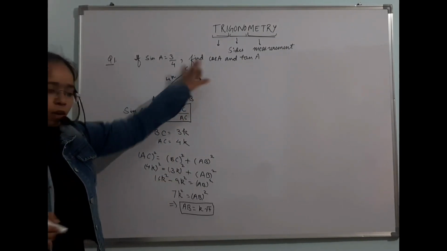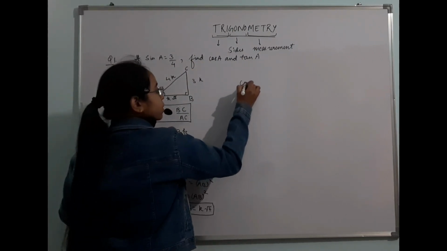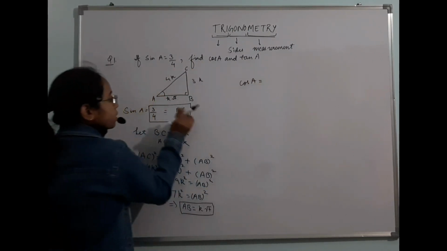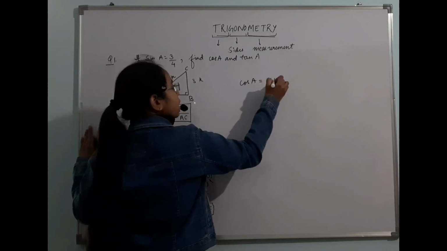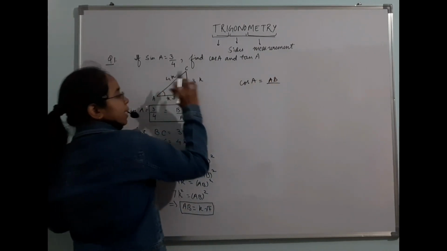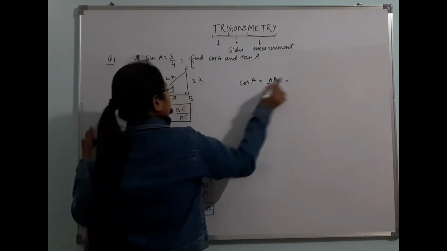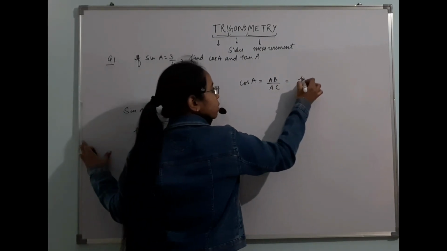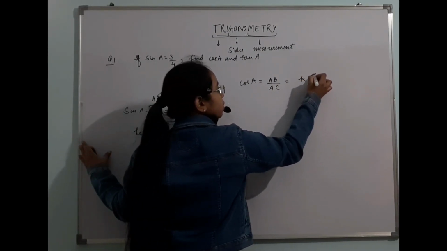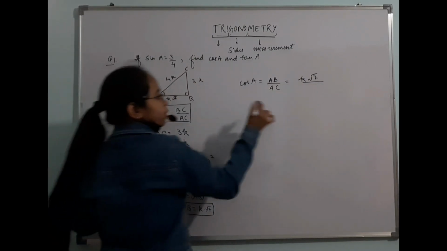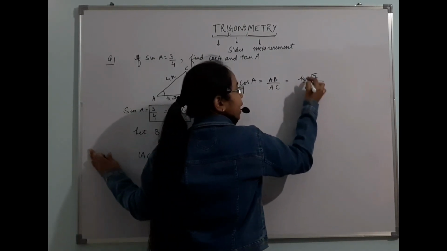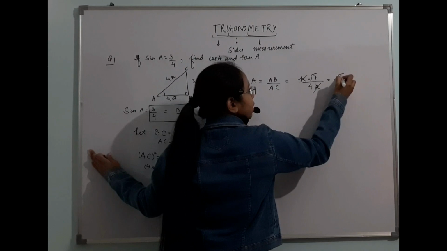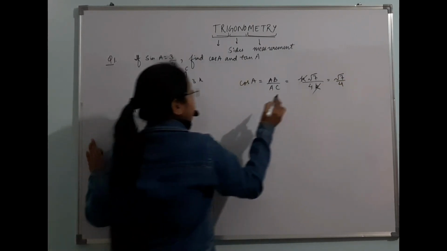Now we can find cos A. Cos A is base upon hypotenuse, base AB, hypotenuse AC. AB is K root 7, AC is 4K. We'll cancel out K and the answer is root 7 upon 4.